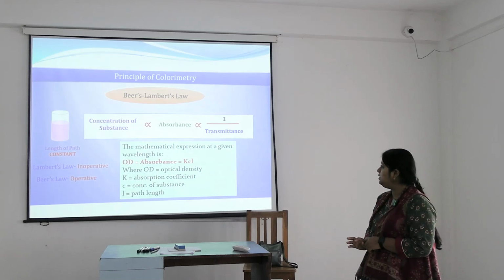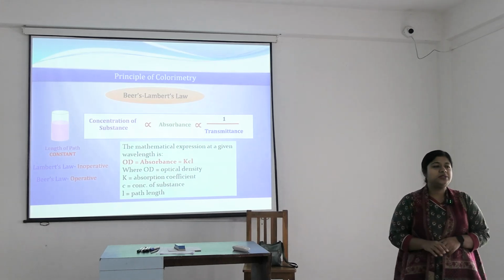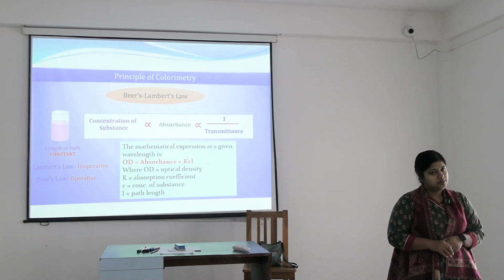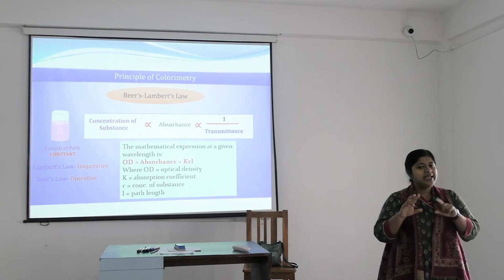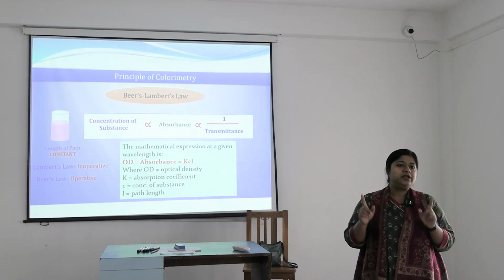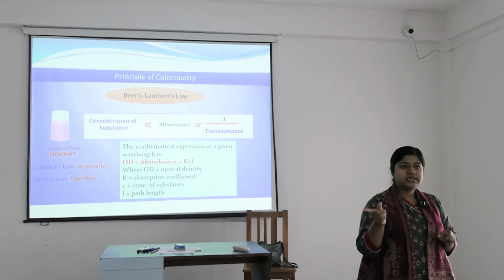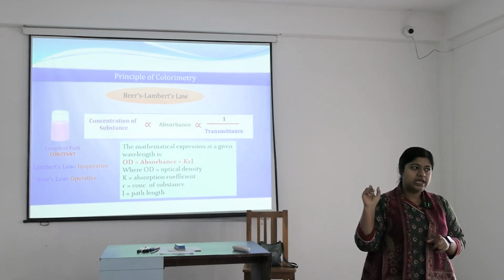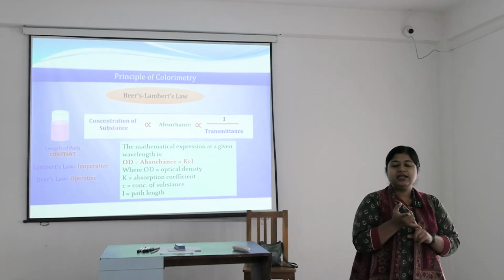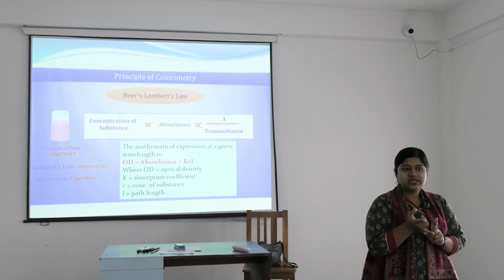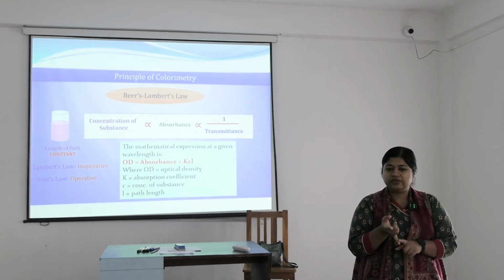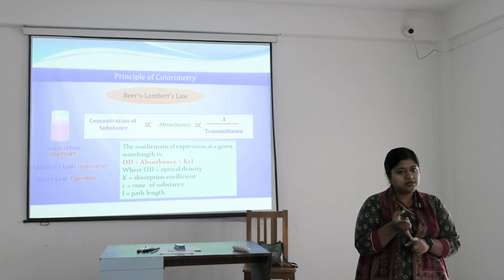And here it deals with only the concentration of the substance. Okay? Why did we learn the two separately? Because absorbance or transmittance depend on multiple factors. I showed you in the first slide the type or nature of the substance, concentration of the substance, pathway, wavelength, all these affect these points.